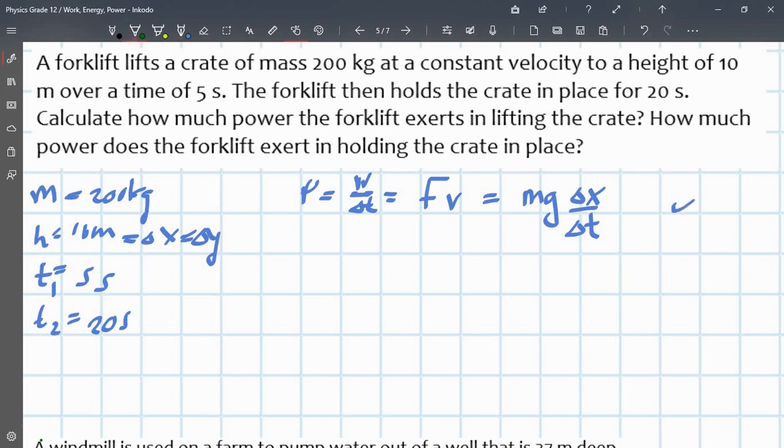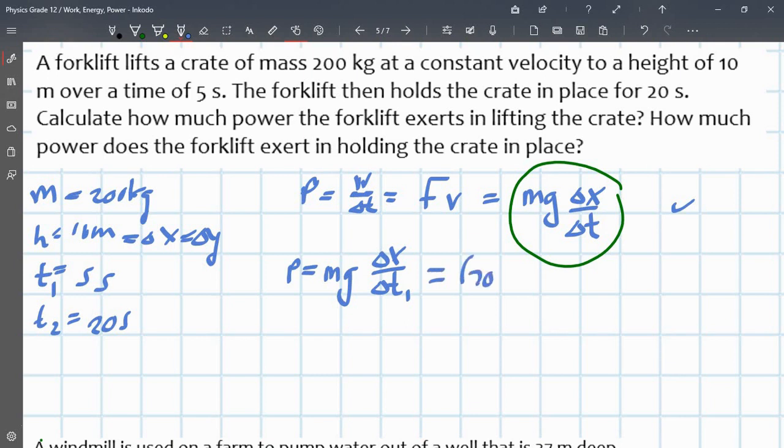So we use the formula over here. Depending on your situation, you could use any of these formulas to determine power. So we can say that power is equal to mg times displacement over time. We're doing the first case first.